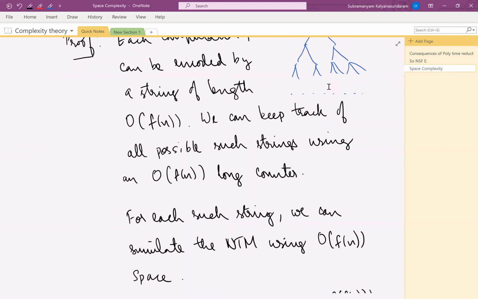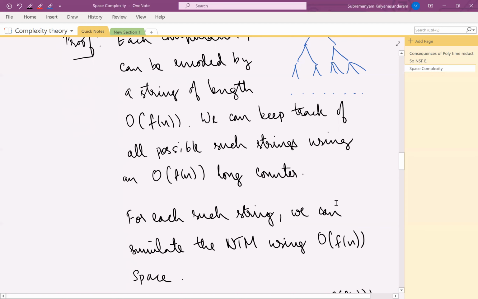So we need to just simulate the non-deterministic Turing machine, which runs in order f(n) time. But to do that, we need to keep track of this counter that checks whether we are in leaf 1, leaf 2, and so on. For that counter, we require order f(n) space.